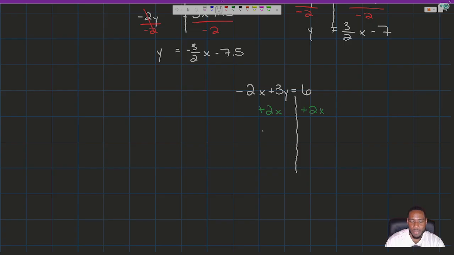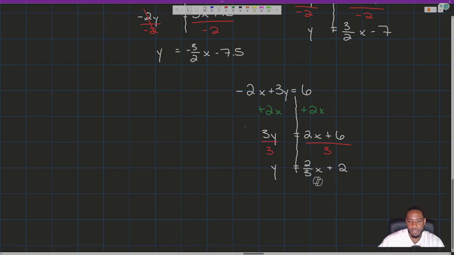It's going to leave us with 3y is equal to 2x plus 6. Then we're going to go ahead and divide everything by 3. Two over 3x is the result of 2x over 3. And 6 over 3 gets us to 2.